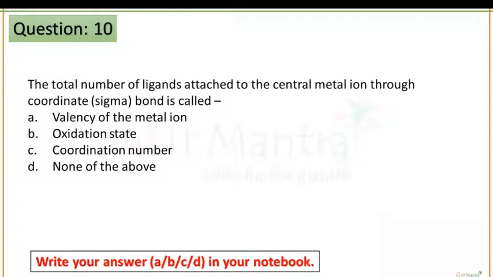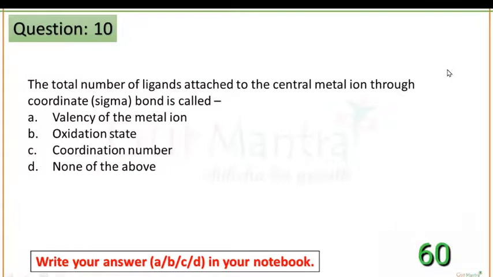Next question. The total number of ligands attached to the central metal ion through coordinate sigma bond is called. Options: valency of the metal ion, oxidation state, coordination number or none of the above.